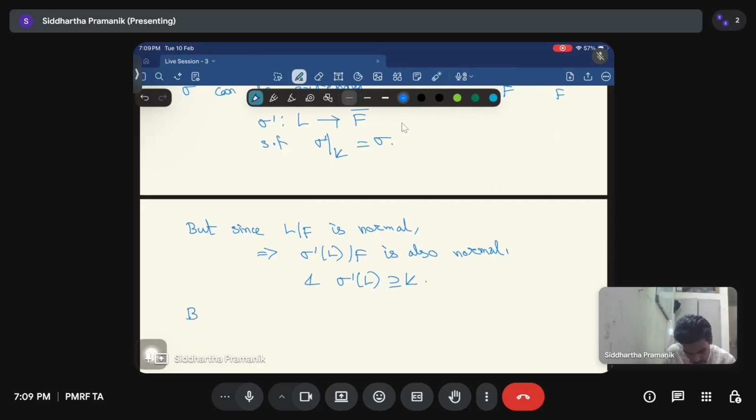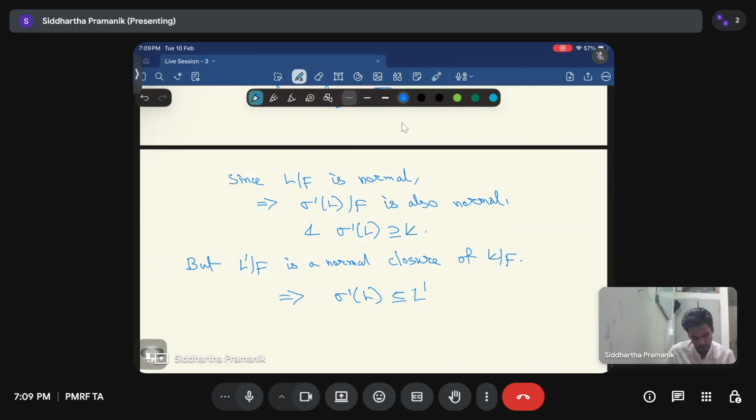Let me write it here. But L prime is a normal closure of K over F. So this will imply sigma prime of L has to be a subset of L prime. So this implies sigma prime from L to L prime is an F homomorphism.